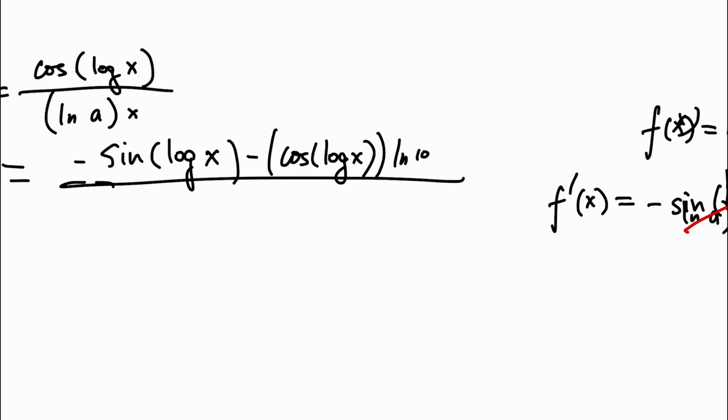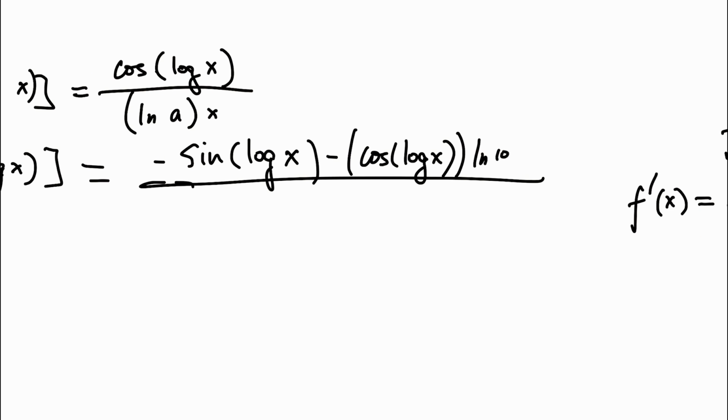And over, we need the original g of x, which is the denominator, ln of 10 times x. We need to square that. Be sure to square both terms. And this is our answer to this problem.